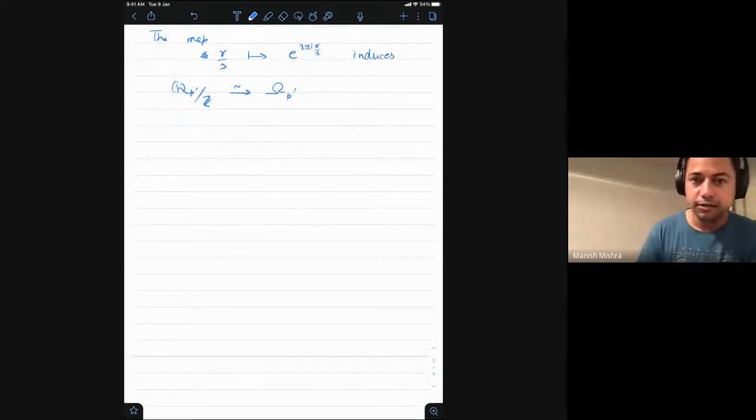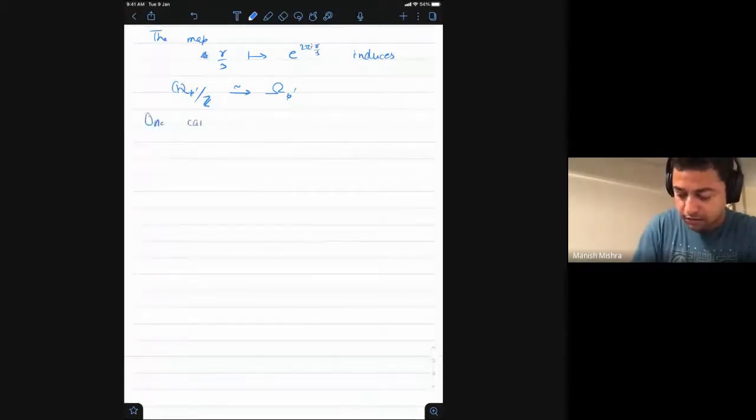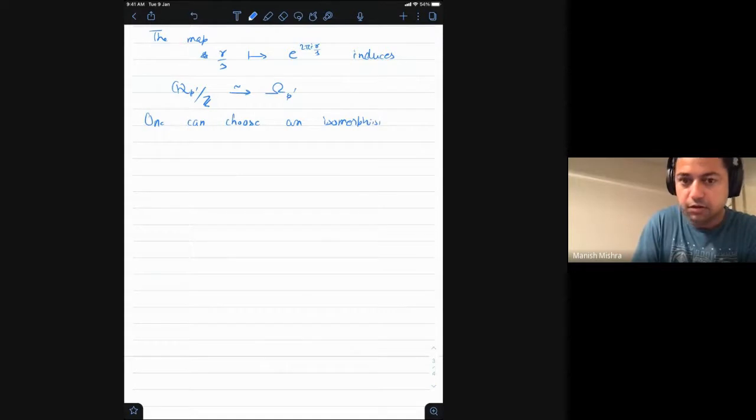And then the next thing is, one can choose an isomorphism, which is Q_p' / Z to F bar star.